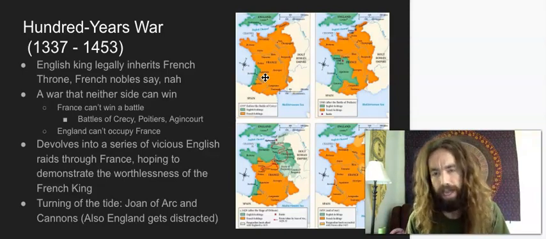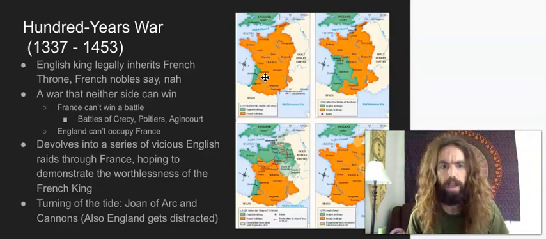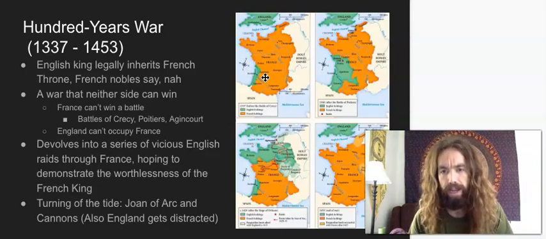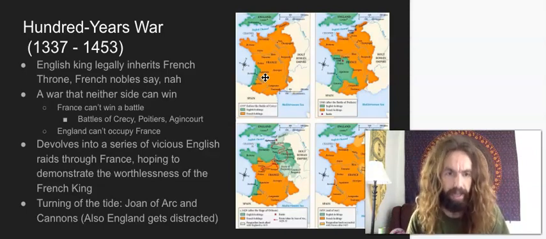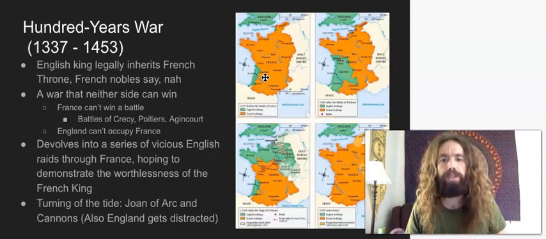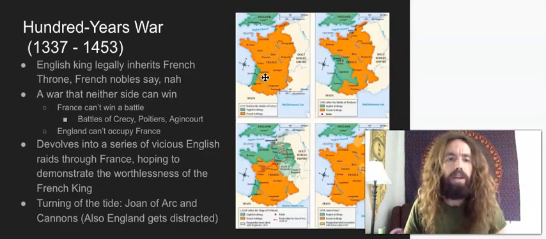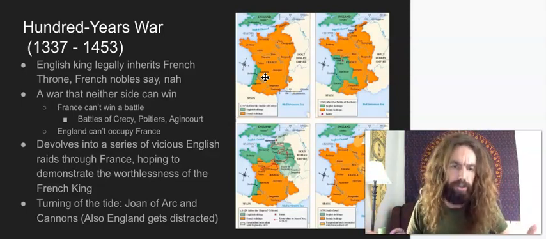Unfortunately, England isn't actually wealthy or powerful enough to conquer France. So what happens is you just get a series of English invasions where the English roll into France, burn down a bunch of stuff, and actually continually beat armies of French knights. But they don't have enough men or resources to actually conquer France. So England keeps winning battles, but they can't hold on to the country.